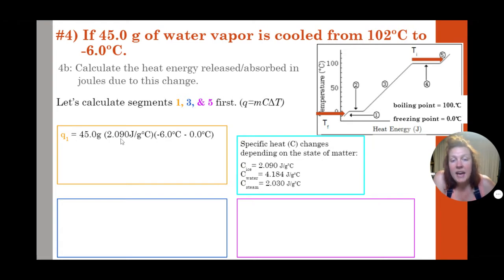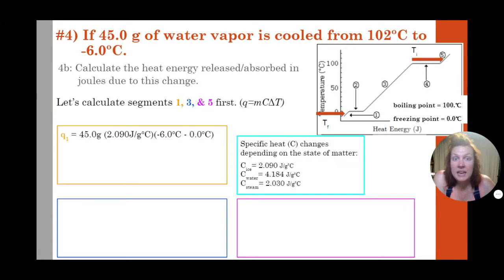You'll also notice that I picked the specific heat for ice. Consulting back to your labeled heat curve, you'll see that segment 1 of a heat curve is always going to be solid. So it wouldn't make sense for us to use the specific heat of liquid water when we're trying to calculate the heat content of solid ice.